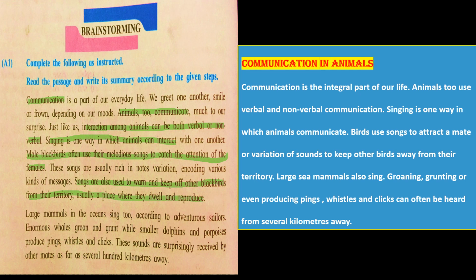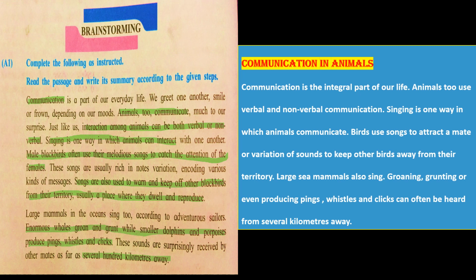One more example is given, that enormous whales groan and grunt while smaller dolphins and porpoises produce pings, whistles and clicks, and their singing or grunting or groaning can be heard several kilometers away.